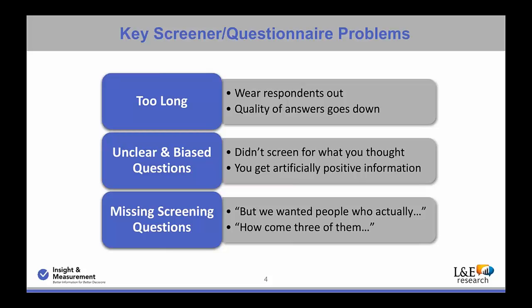And then we have missing screening questions. When I say I've learned things the hard way, trust me, I've learned them the hard way. I've been in the back of that group behind the one-way mirror, and they get tapped on the shoulder. We thought we were getting people who felt this way about that, or how come three of them did that? So it's really important for us to get the art and the science of writing screeners just right.